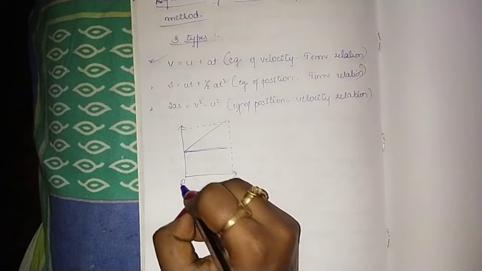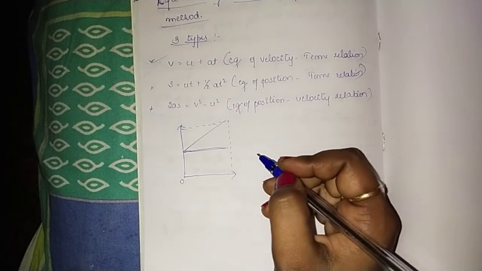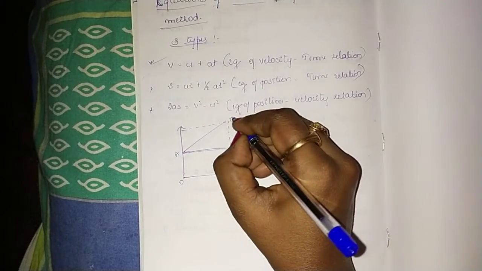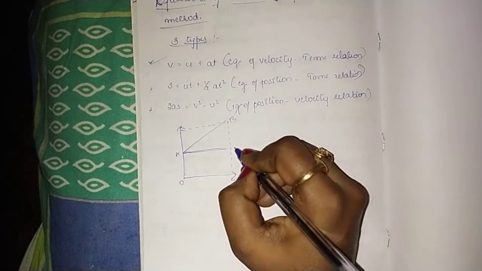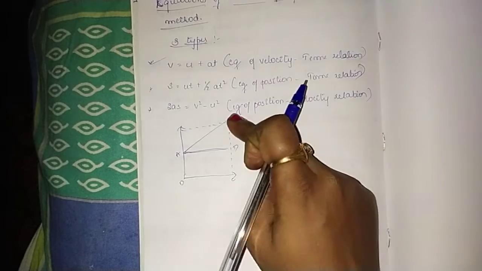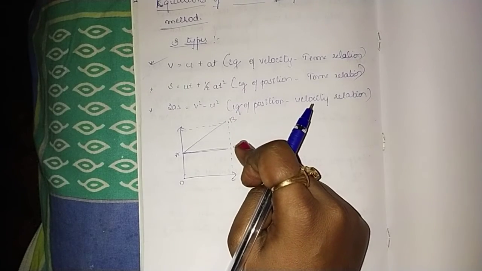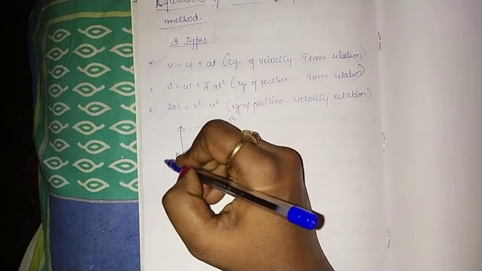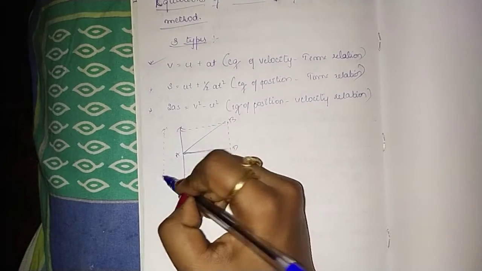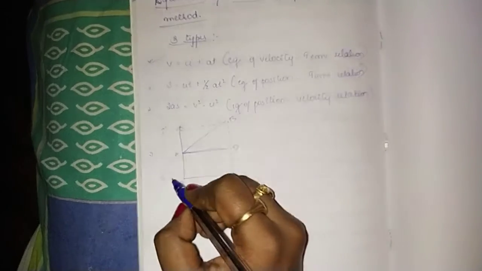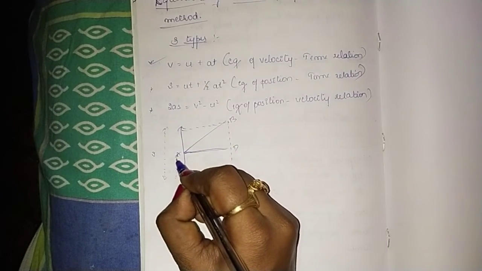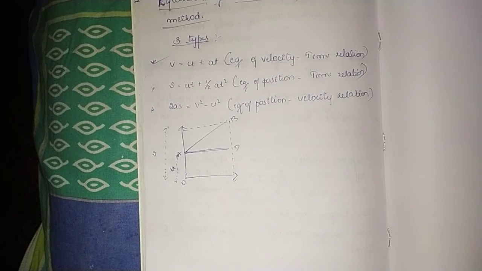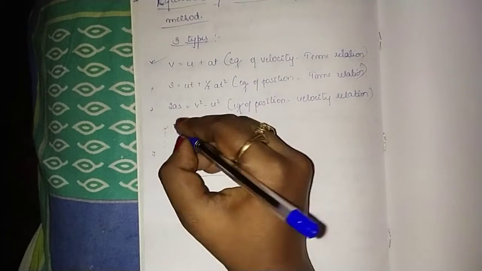Let us mark this as O. This is A, this is B, this is C, and here is D. BC, and in the middle we have taken B, D. From here to here it is the final velocity, so let us mark it as V. From O to A, this is the initial velocity, so let us write it as U. This is the graphical representation.